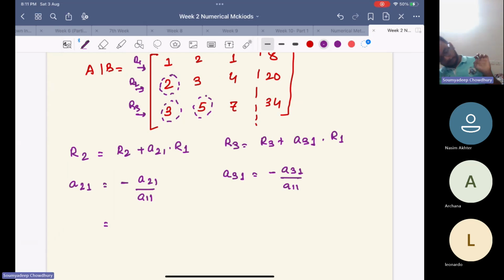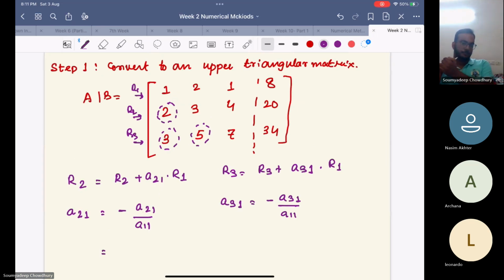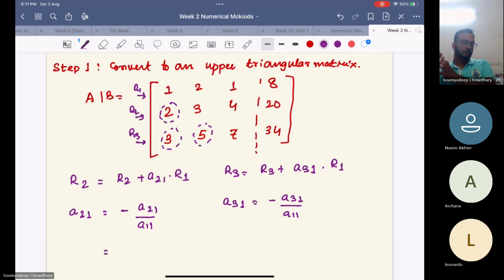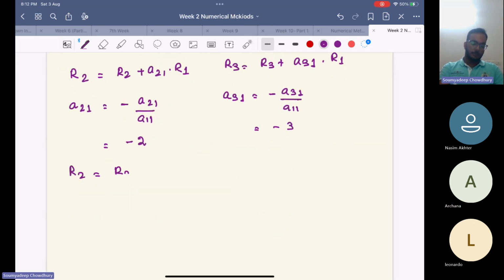Can someone tell from this matrix what A21 is? Yes, it's minus 2. And A31 is minus 3. So R2 is R2 minus 2R1, and R3 we will replace by R3 minus 3R1.